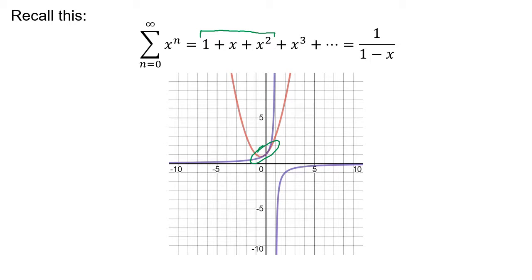Or if you wanted to go even further, what if you wanted to go out to a cubic? Well, you get a graph that looks like this. And notice now we're getting even more overlap. And the further you go out, the more approximation you'll get, especially wherever it's centered at. So if you're centering at 0, you're going to get a really good approximation for your 1 over 1 minus x around the number x equals 0.